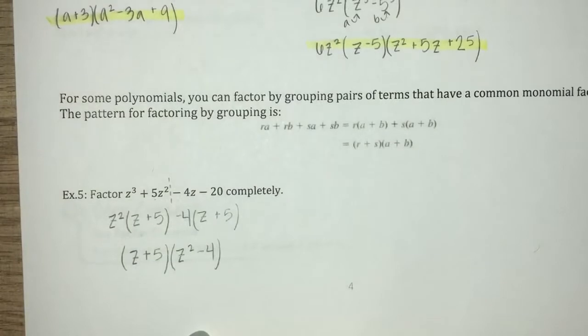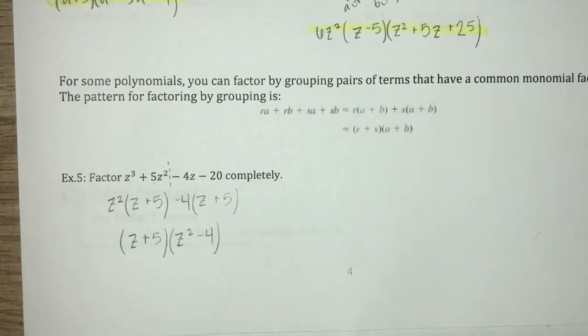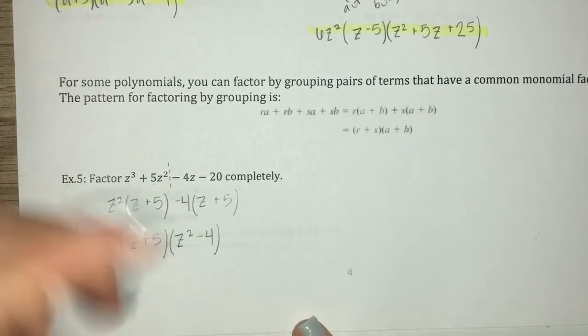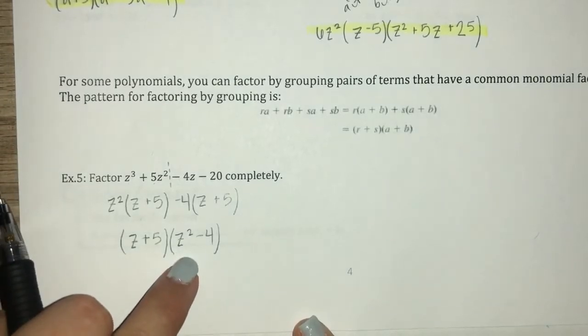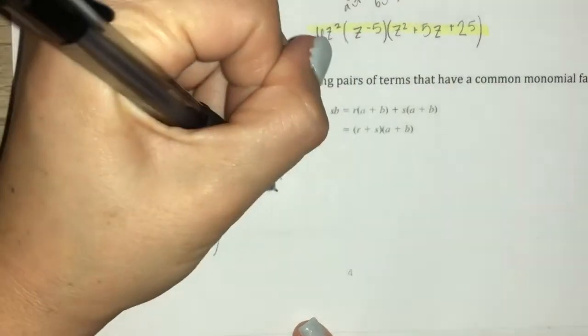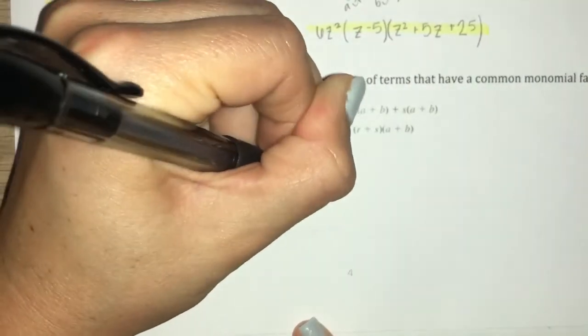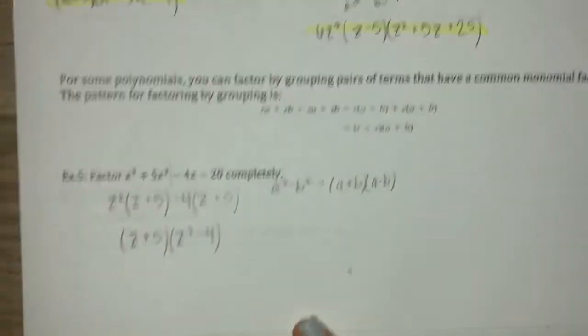But you have to see if it's fully factored. When you are looking at factors that have 2 terms, you're looking for a difference of squares. So z plus 5 is not a difference of squares, it's just z to the first power, but z squared minus 4 is. If we're looking at the difference of squares pattern, a squared minus b squared factors into a plus b times a minus b.